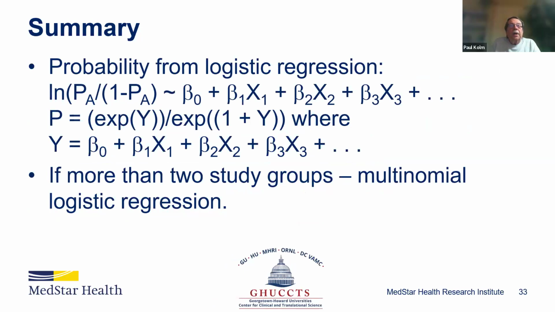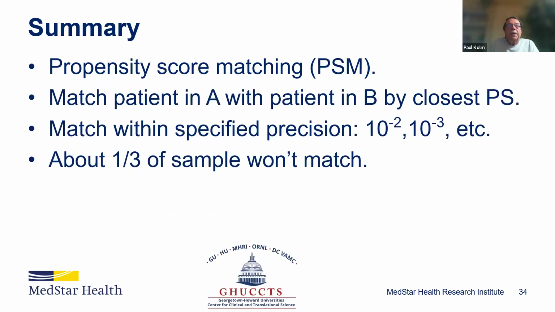As I talked about before, the probability is obtained from doing a logistic regression where the outcome is the logit of being in one group or the other. You might say, what if we have more than 2 study groups? Well, we can do the same thing, although it becomes a little more complicated, by using multinomial logistic regression, where we have more than a dichotomous outcome.